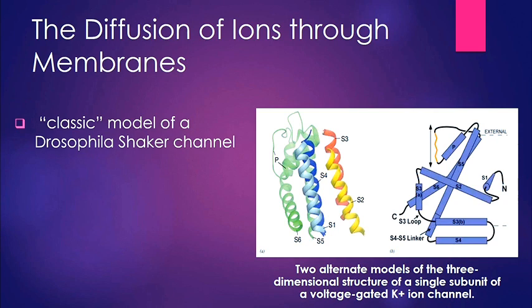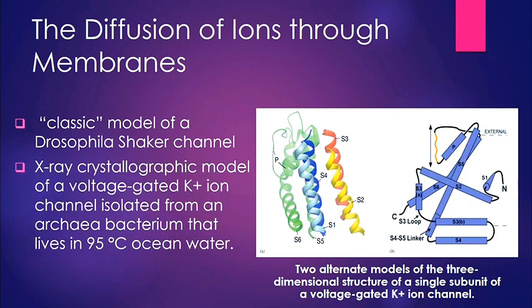So figure A is a classic model of the Drosophila channel, which is based on electrophysiological studies and structural analysis using non-crystallographic methods. The six membrane-associated helices are depicted as standard transmembrane segments.